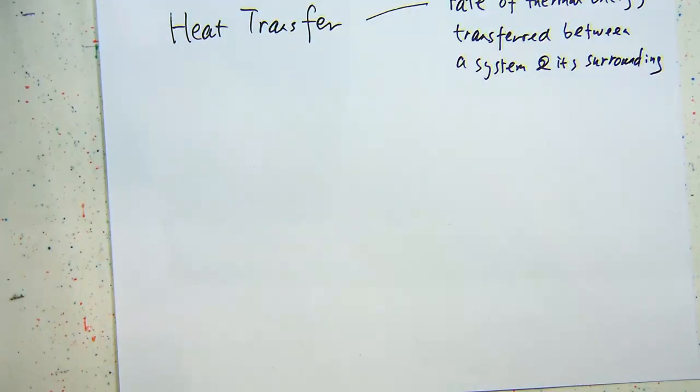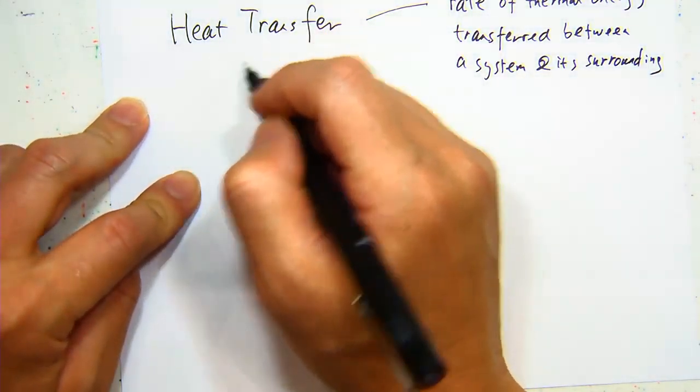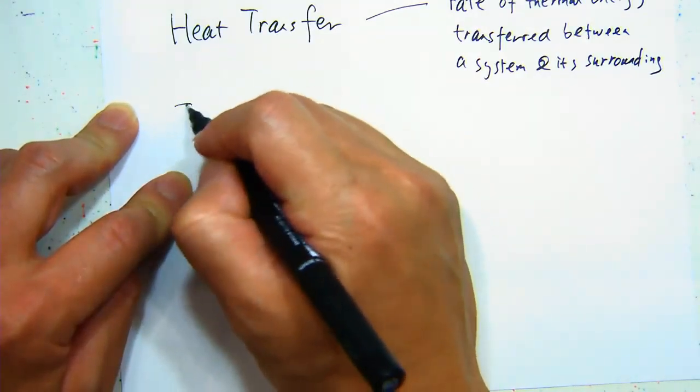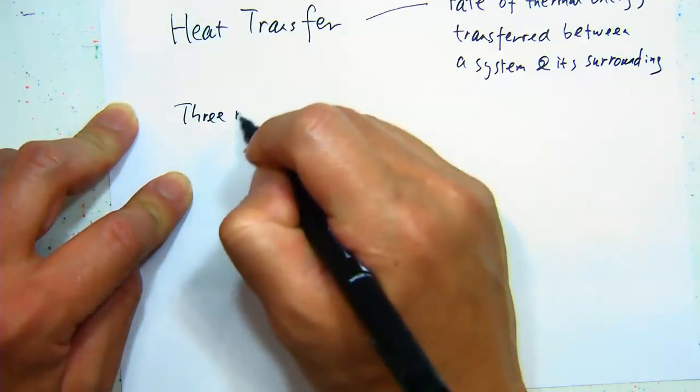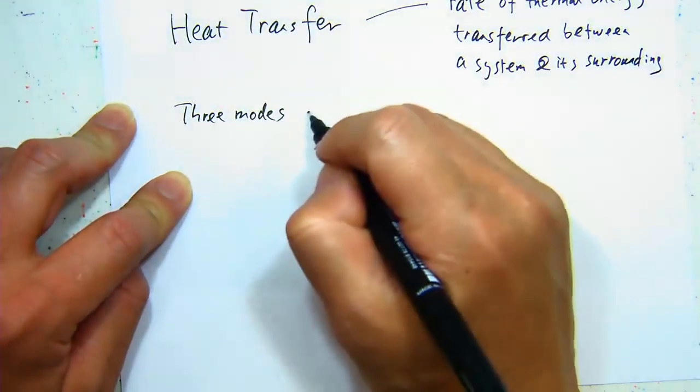For each of the three modes, there is a rate equation to describe the heat transfer through that mode, and those are the things we are going to spend most of the time learning and applying. So let's look at the three heat transfer modes quickly. That is known to date, three modes.